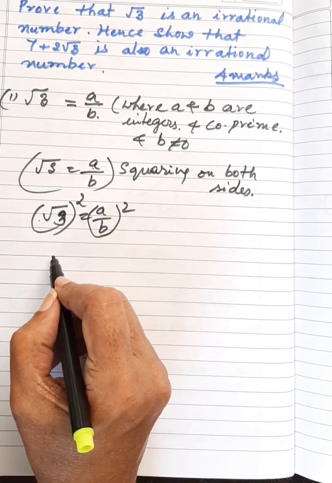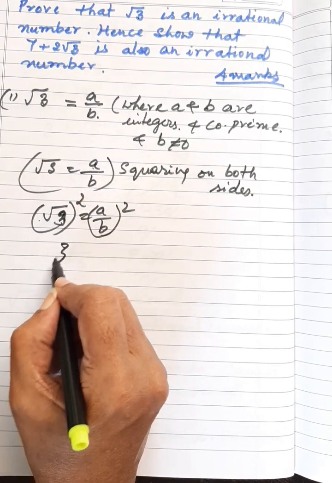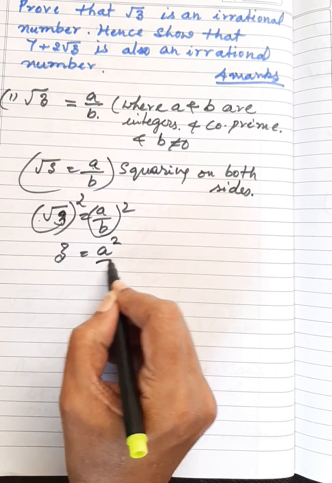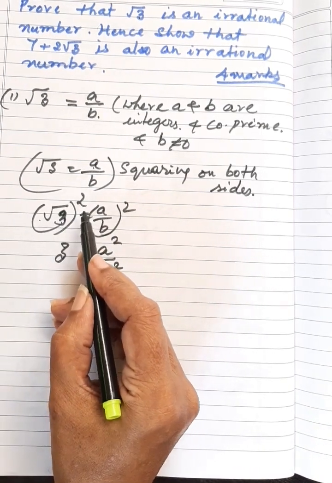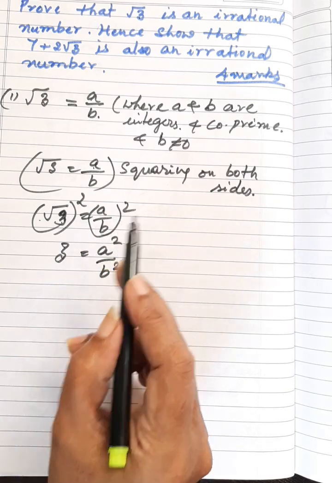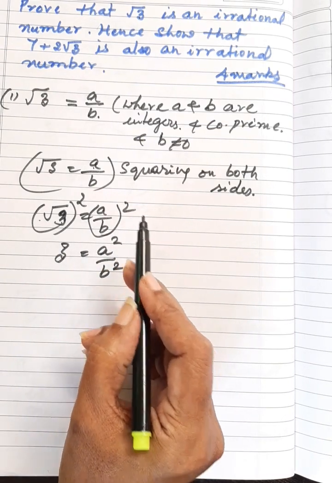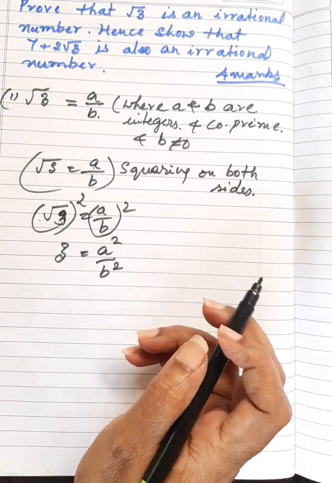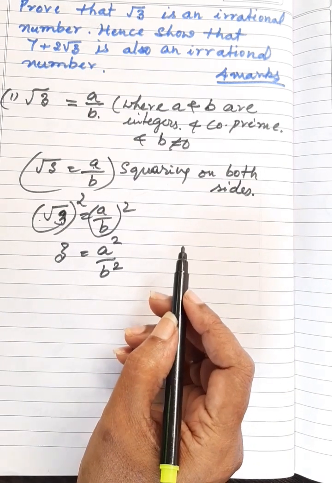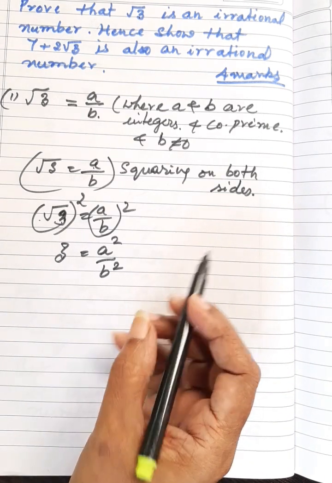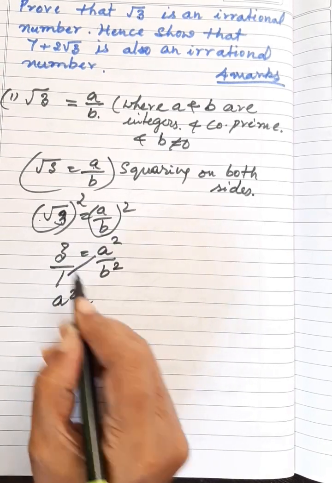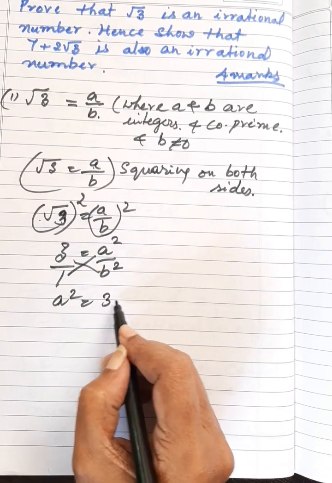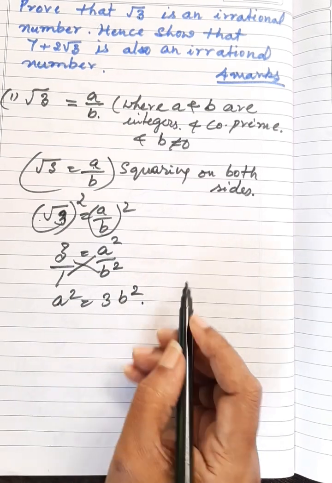Now what will you get? Square root of 9 is 3, equal to A square by B square. See correctly: root 3 into root 3, root 9, square root of 9 is 3, is equal to A square by B square. Now do cross multiplication. A square is equal to 3 into B square.